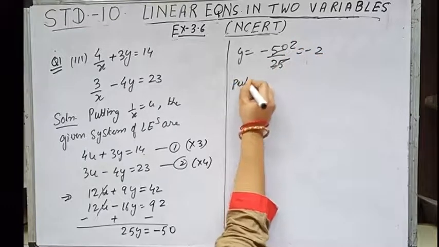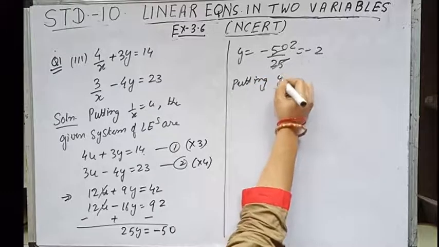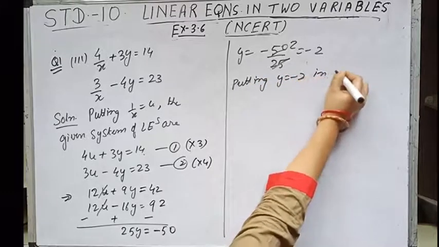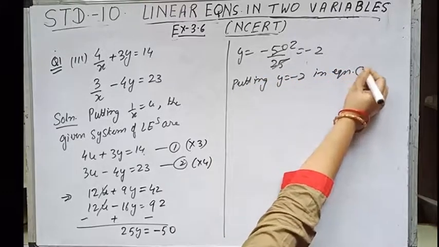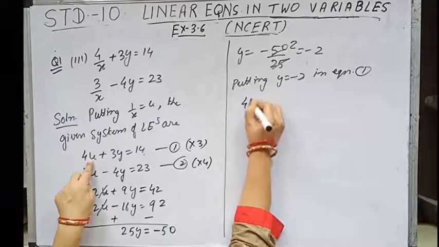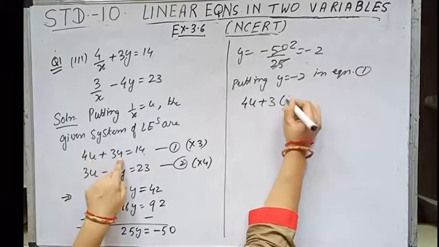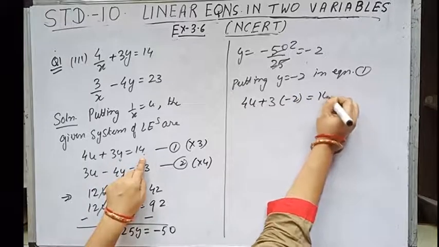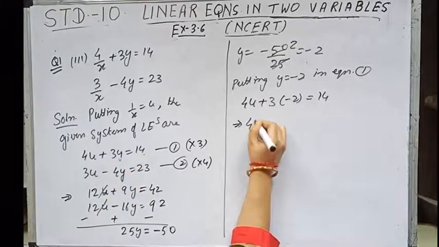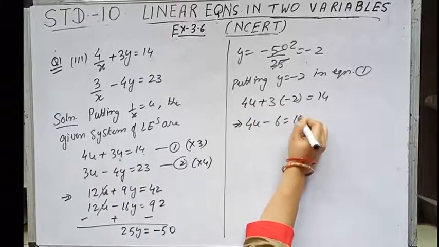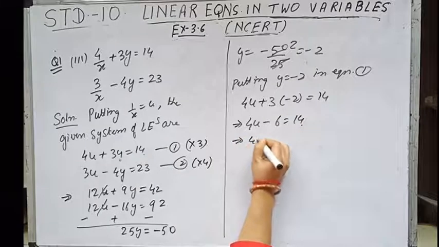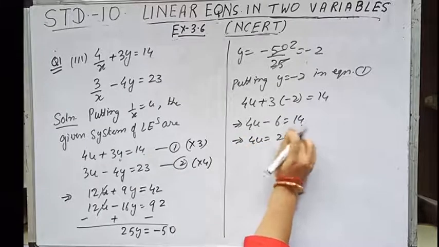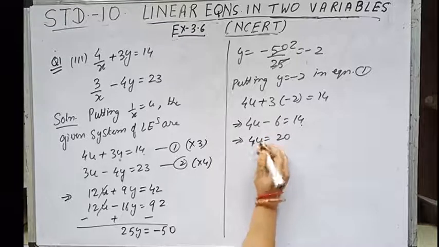Now putting y equals minus 2 in equation 1, we get 4u plus 3 into minus 2 equals 14. This implies 4u minus 6 equals 14. This implies 4u equals 20. 14 plus 6 is 20.